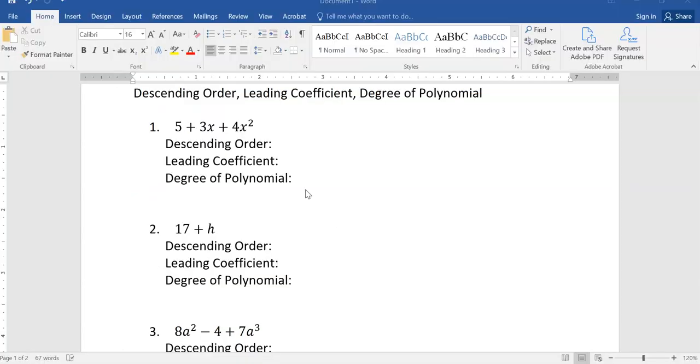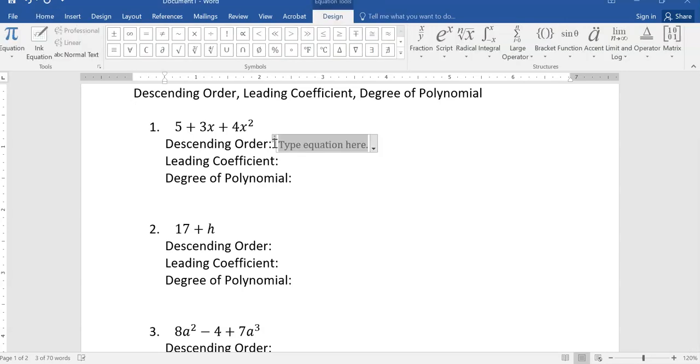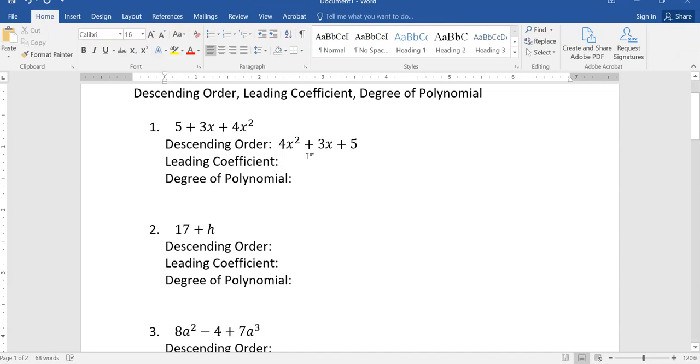All right, here we go. Descending order on problem number 1 is 4x squared plus 3x plus 5. So we go with the term of degree 2 first, then the term of degree 1, and then the term of degree 0. The leading coefficient, therefore, is 4, because 4 is the coefficient on this x squared term. And the degree of the polynomial is 2. Again, that's the degree of this first term.